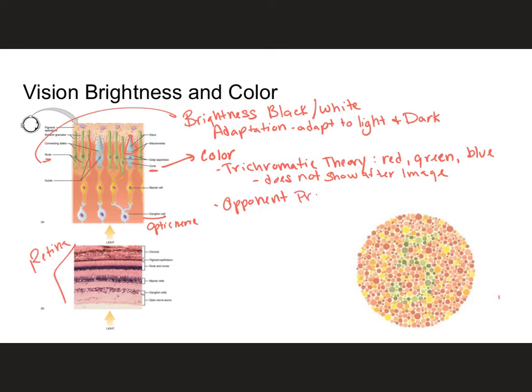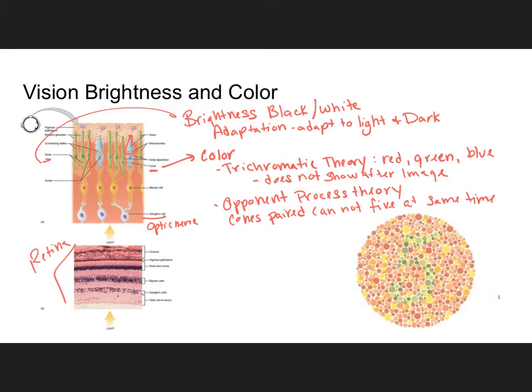And what opponent process theory says is that cones are paired and they cannot fire at the same time. And this would explain why we don't see a red-green color, right?